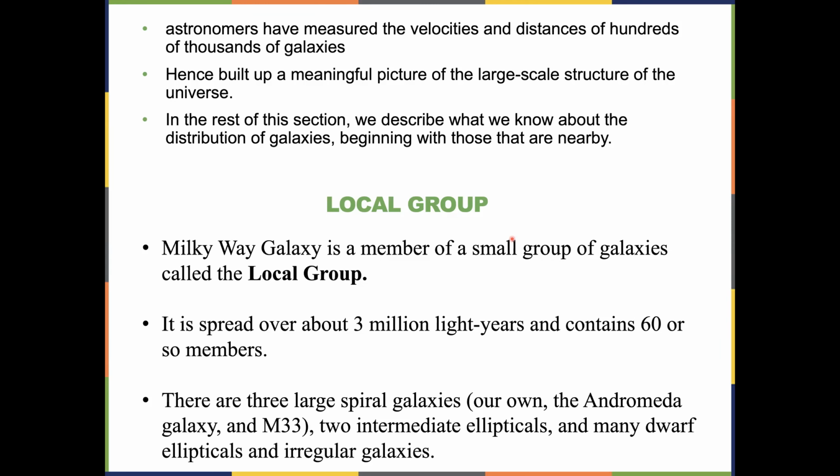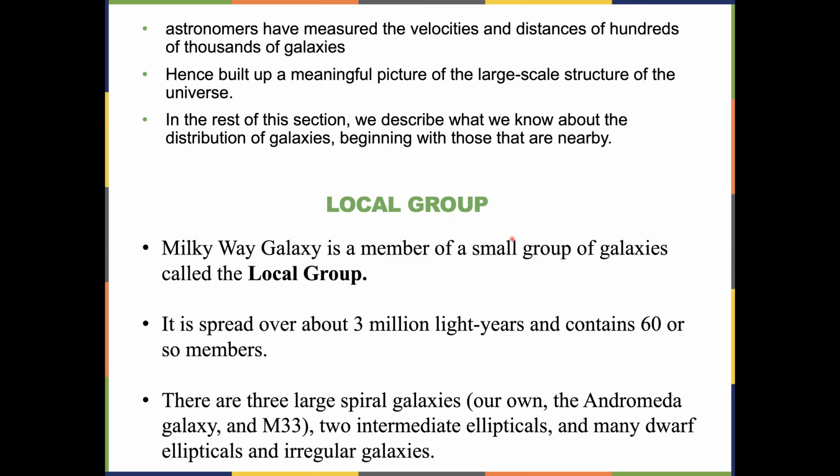Locally, we know that we have the solar system and stars in our galaxy, right? But what we are discussing here is how the universe looks at the large scale, right? For that, astronomers have measured the recessional velocities of a large number of galaxies.